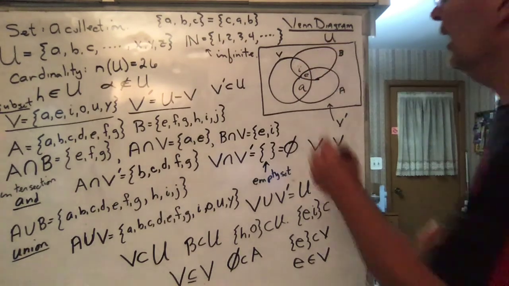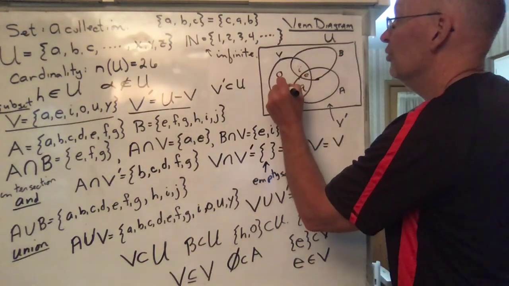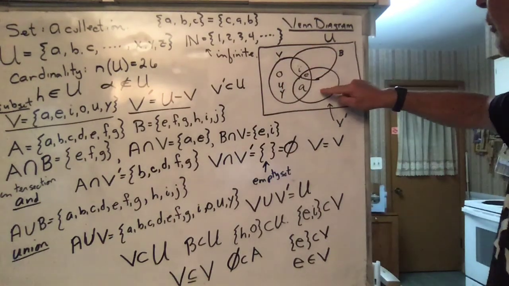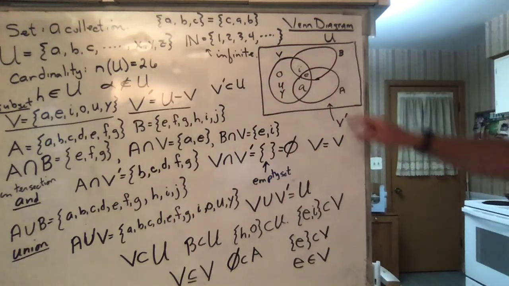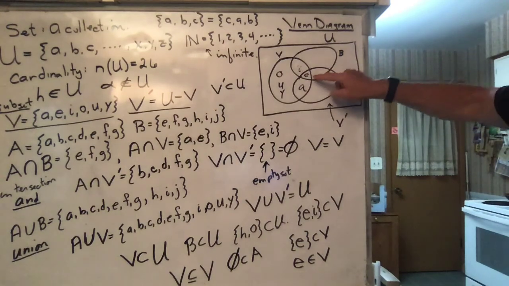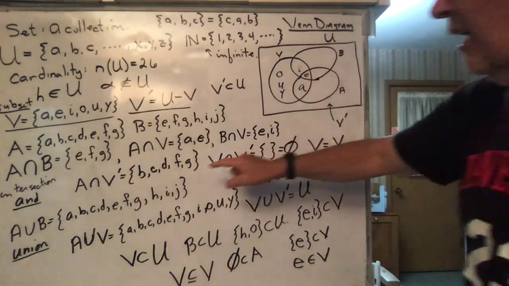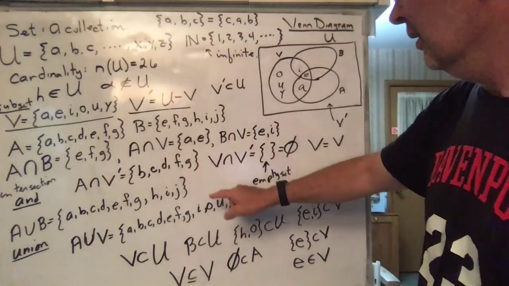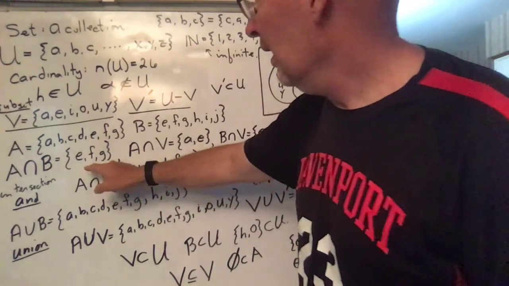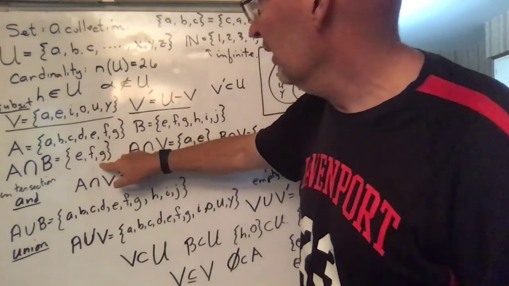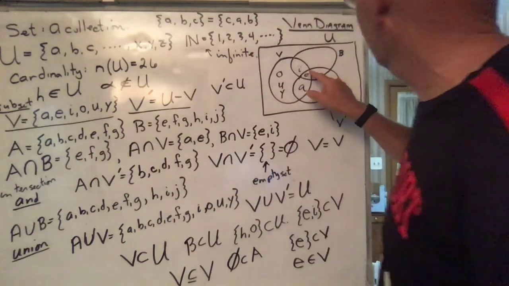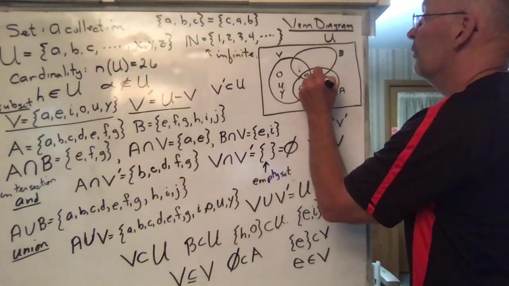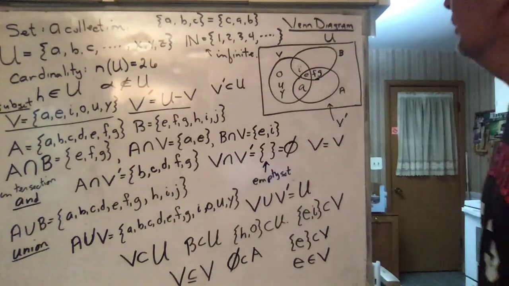A, E, I, O, and U, and Y. Those are vowels, but they're not in either B or A. What are the things that are in B and A but aren't vowels? B and A are, let's see, these three things right here. We already have E included here, so F and G would be right there.